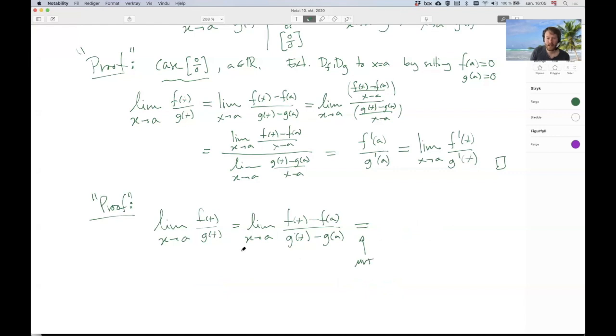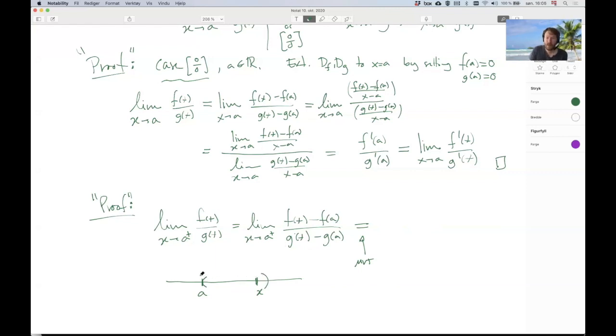And to make things a bit more concrete, let's imagine that we're moving in from the right. And I can do the same thing afterwards if I move in from the left. So if I'm moving in from the right, what do I have? Well, I have here my point a. Here I have my x. And x is now inside of some punctured neighborhood of a where my functions f and g are both differentiable. So I'm differentiable here at least.